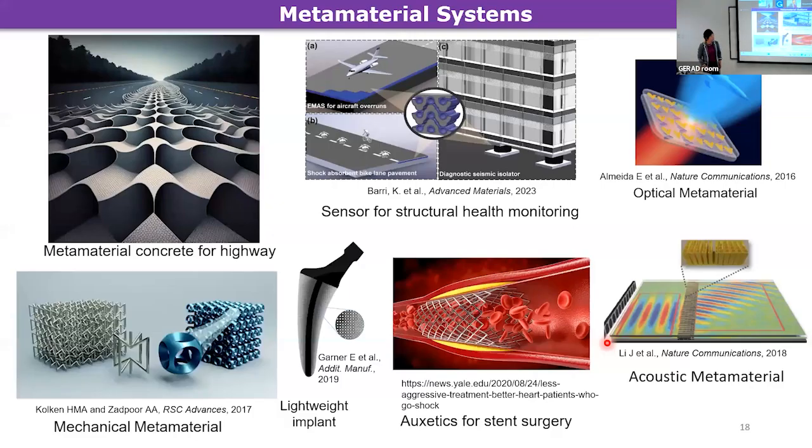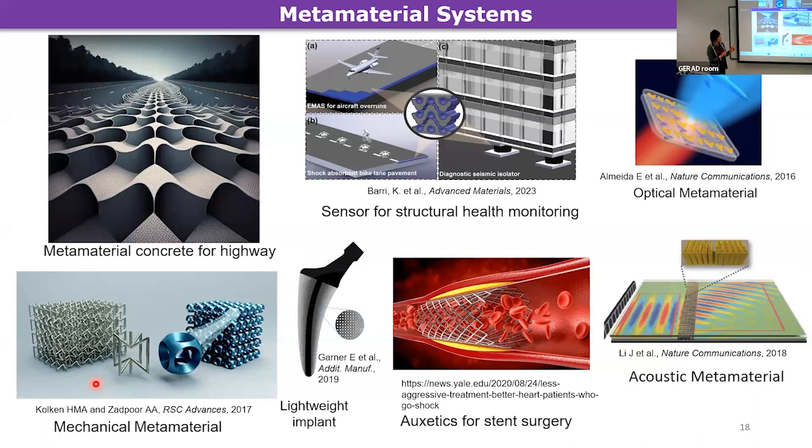So first, what is a metamaterial system, right? Many of you may be familiar with it. Some of you, maybe this is new to you. Metamaterial systems potentially have a lot of usage in mechanical systems. So this is a system with negative Poisson ratio, right? When you compress, when you extend, it has an interesting phenomenon in terms of whether it will shrink or expand.